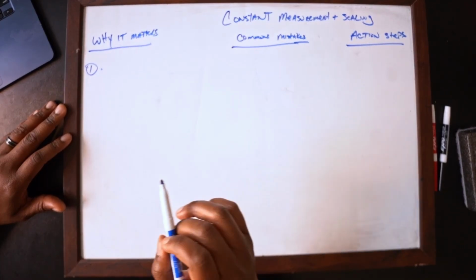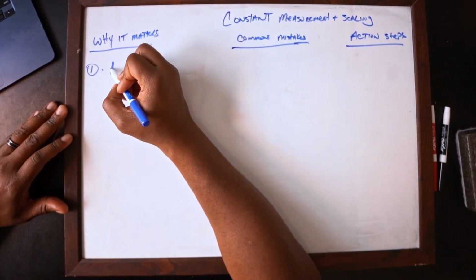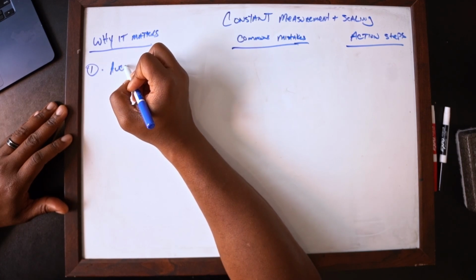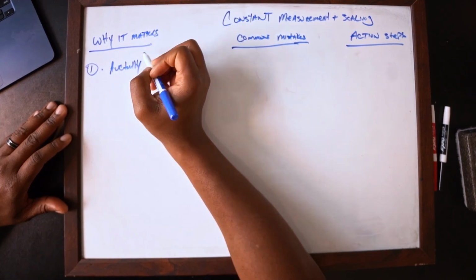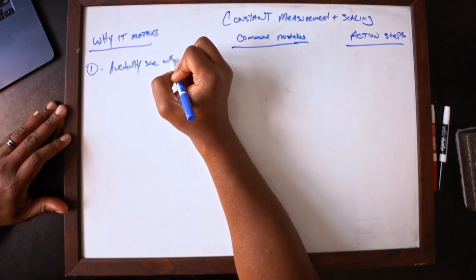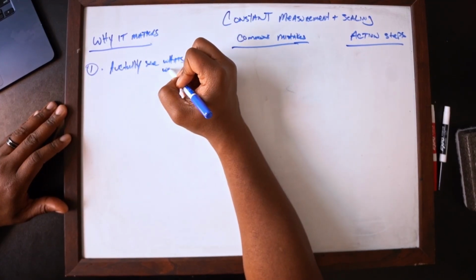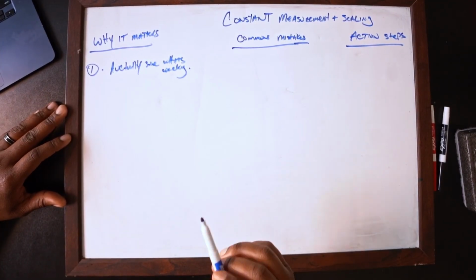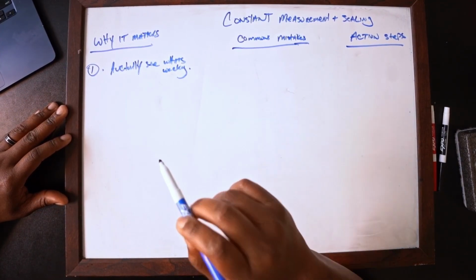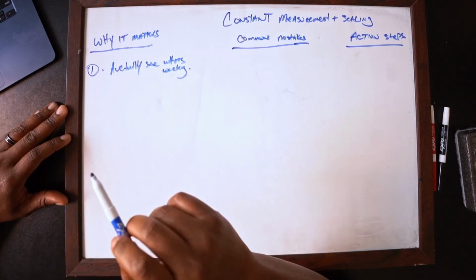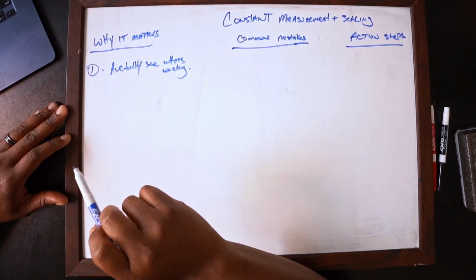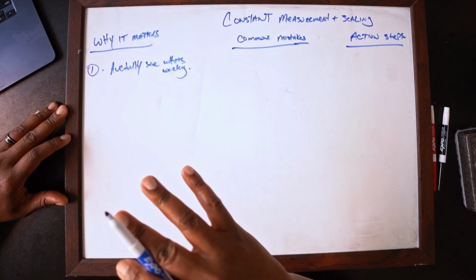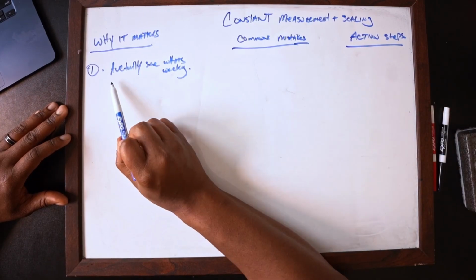All right, so let's get into why it matters. Constant measurement matters because you actually see what's working. The biggest success finds your event activity with the pivot. So if you want to turn your event activity into programming a successful event, you gotta really know what's working.